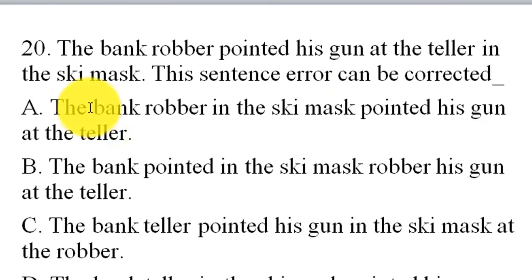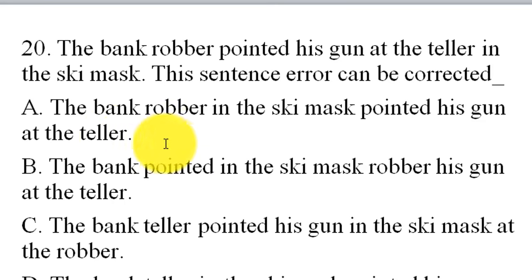phrase "in the sky mask", a prepositional phrase, works as a modifier and modifies the noun phrase "bank robber". What kind of bank robbers are they? Those in sky masks. They pointed their gun at the tellers in the bank, right in front of them. This is correct. So what is here? First identify the modifier, second find the place where you adjust it, third what does the modifier modify.